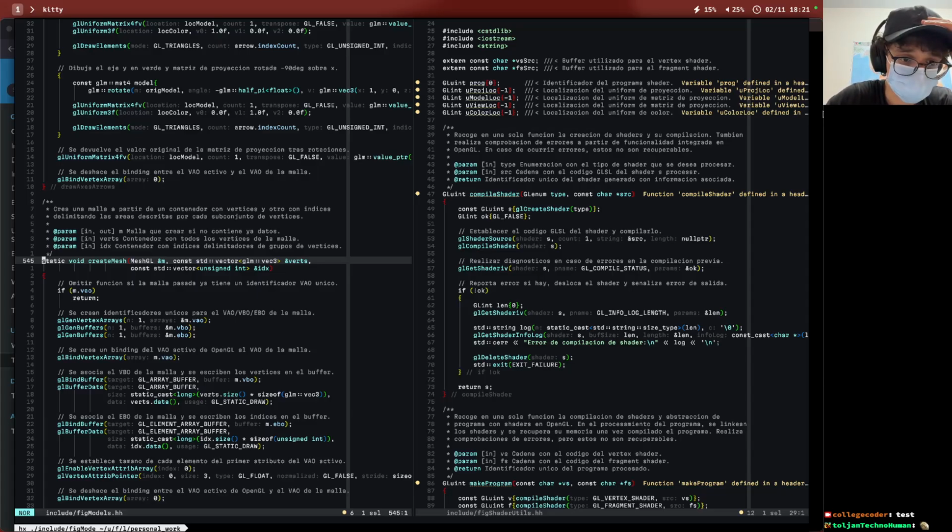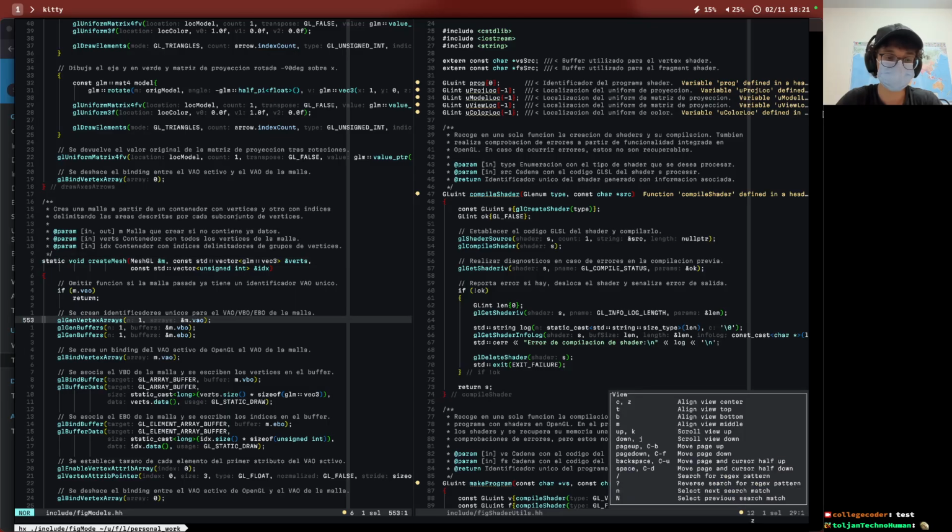Alright, sure. So it creates the mesh, another with indices, gets the mesh, gets the vertices, gets the indices. If MVAO happens to be 0, then return, because this basically means it already has a unique identifier.